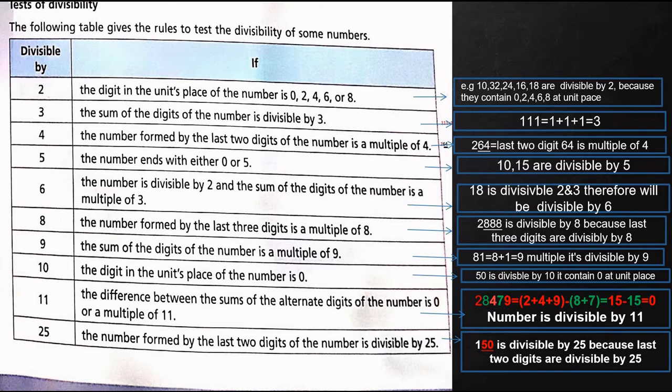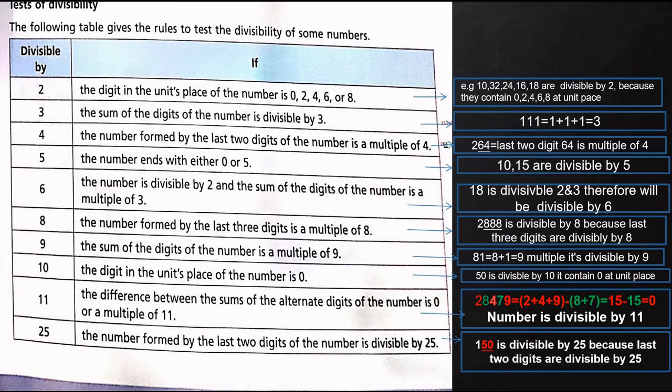Divisibility test of 3: the sum of digits of the number is divisible by 3. What do you understand by this? The sum of digits means adding the consecutive digits of the number.